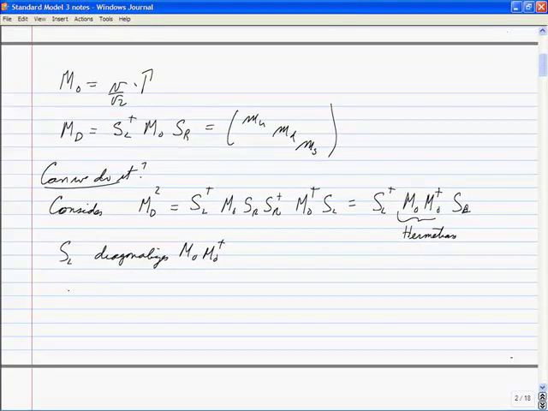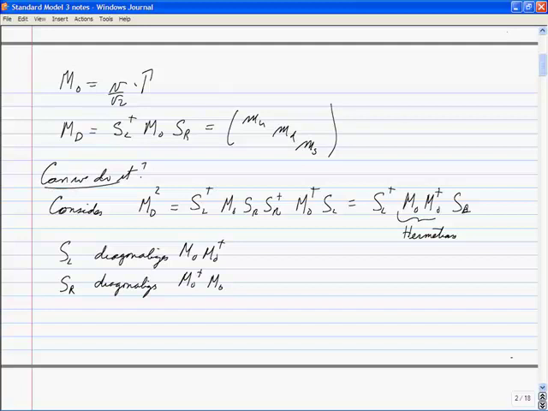If we do the other combination, you put it in the reverse order. S right diagonalizes M0 dagger M0. So we choose those to be those matrices, that's also a Hermitian matrix.